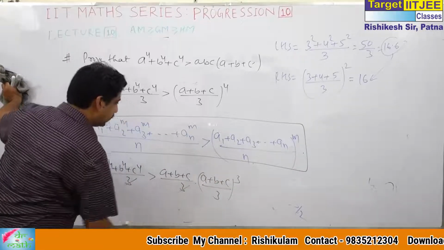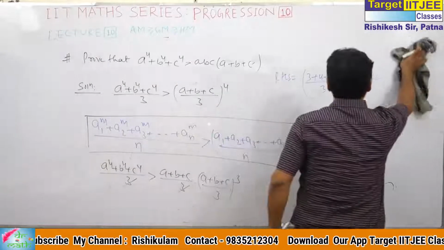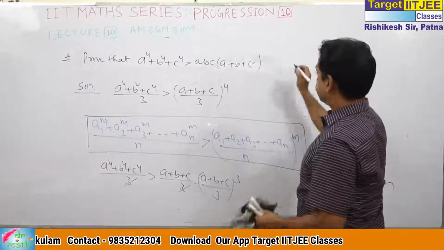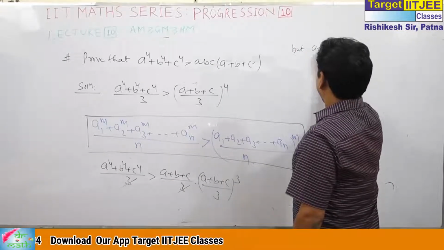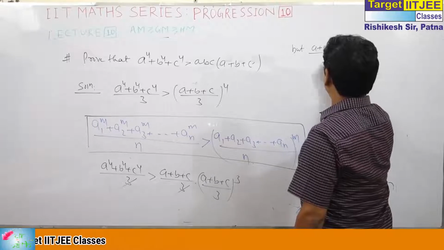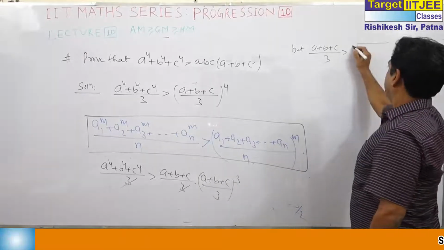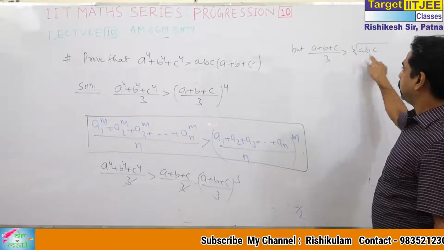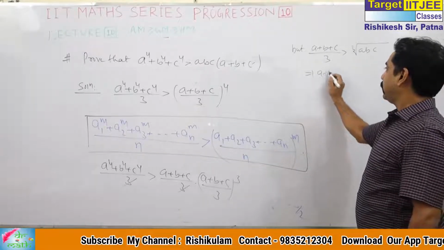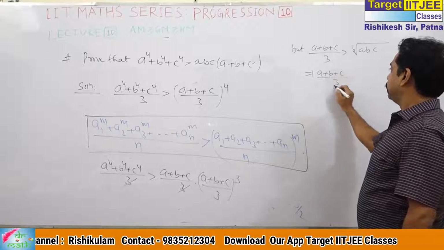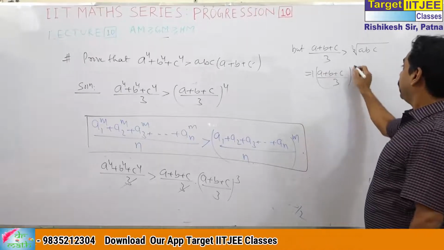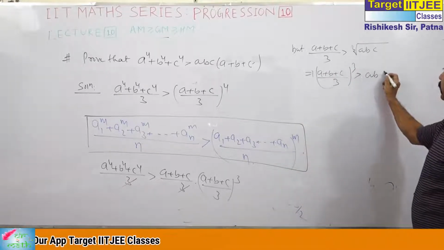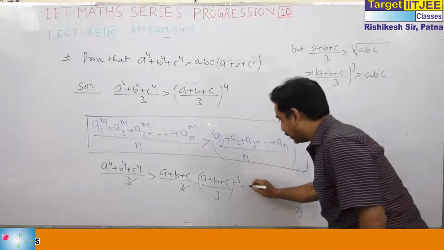The 3 and 3 cancel. But (a + b + c)/3 is greater than the cube root of abc, simple AM greater than GM. From here we get ((a + b + c)/3) cube is greater than or equal to abc. Now from 1 and 2.